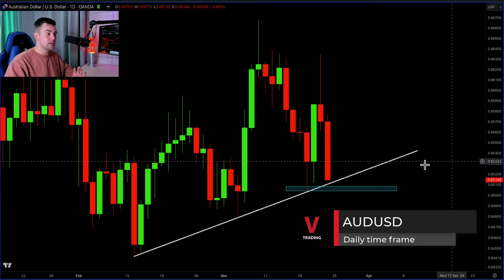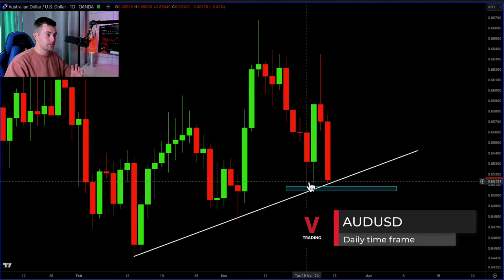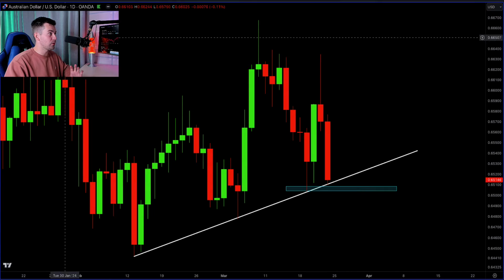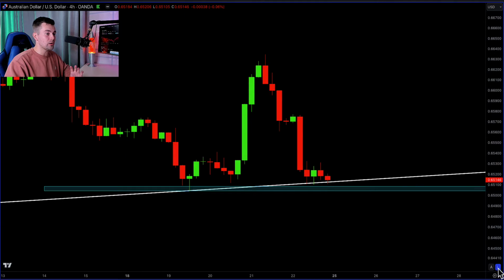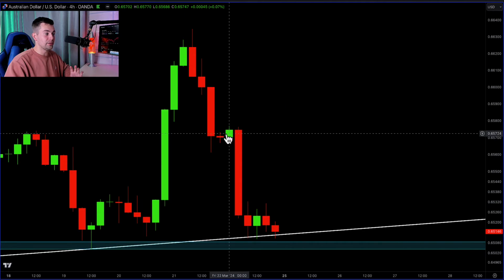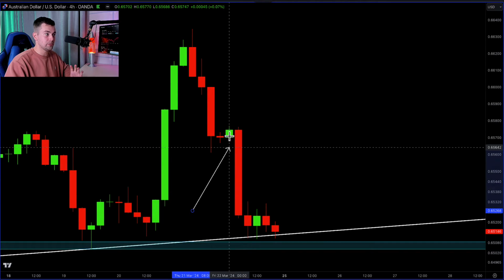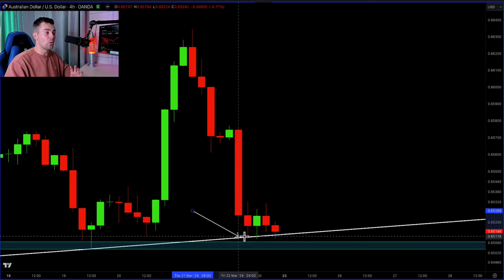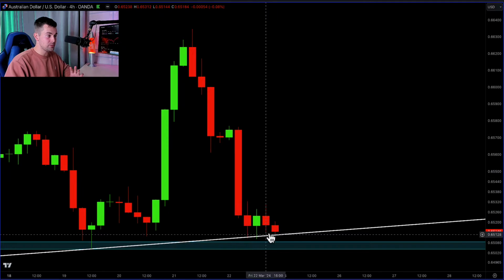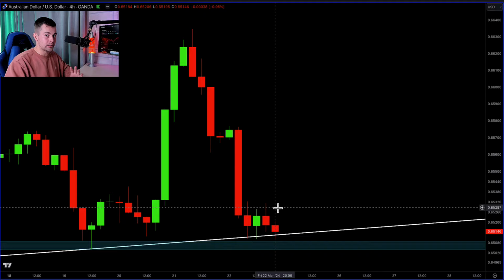Now let's investigate what happened with the Aussie dollar pair after a test of that rising trend line. If we open a 4-hour time frame, here we can spot that first the price formed a high momentum bearish candle. We were falling sharply, but once that trend line was reached, we formed very weak candles here.